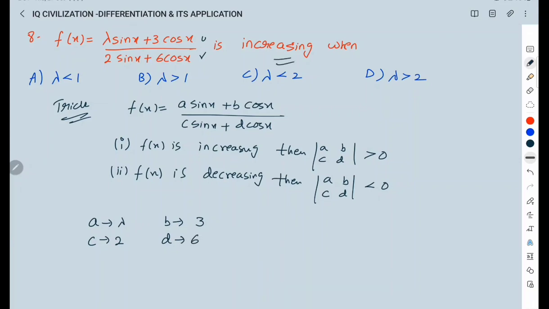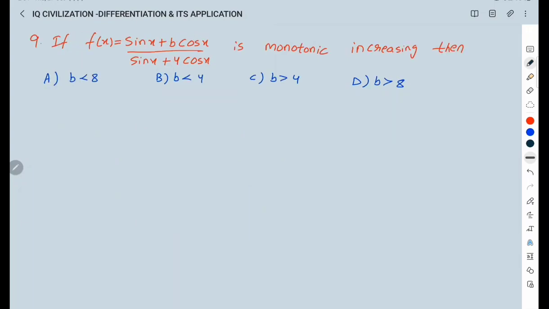So our question is increasing, right? So we use this trick. We'll write mod ABCD must be greater than 0. So we already know this is AD minus BC. So 6 lambda minus 3 2s are 6, greater than 0. 6 lambda is greater than 6. So lambda is greater than 1. Very easy.